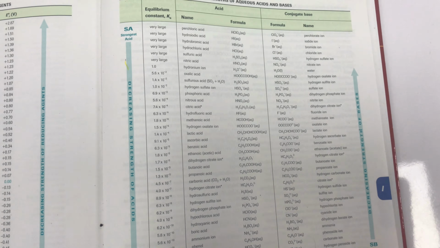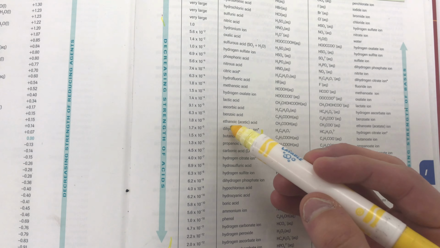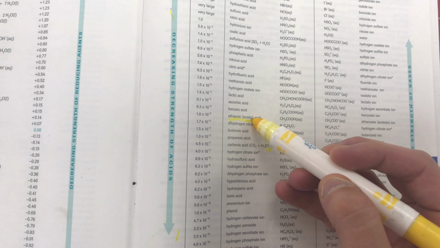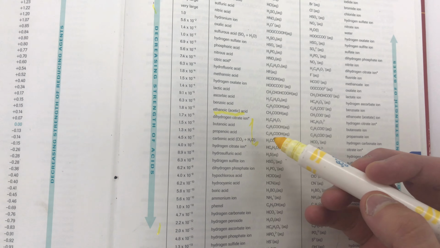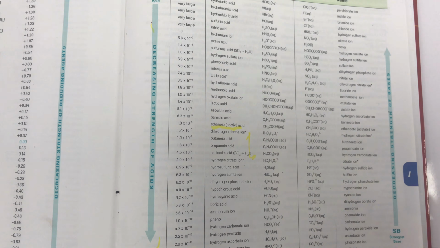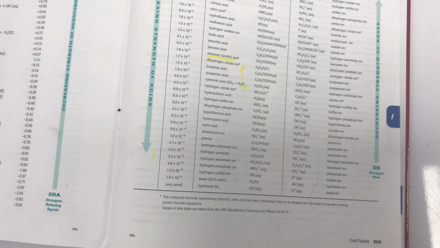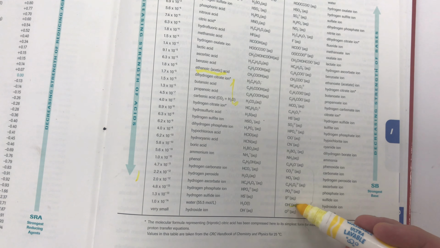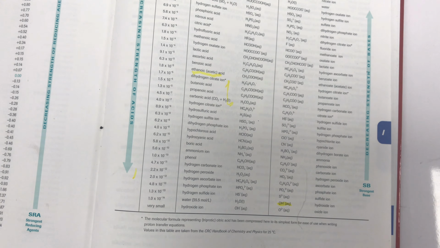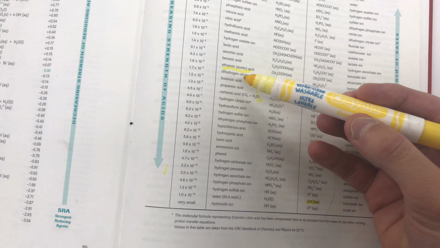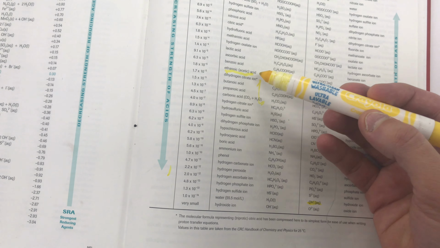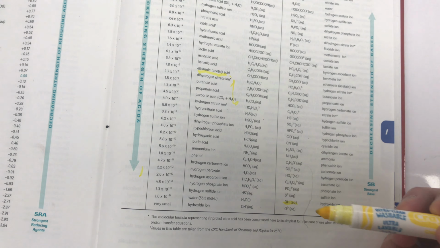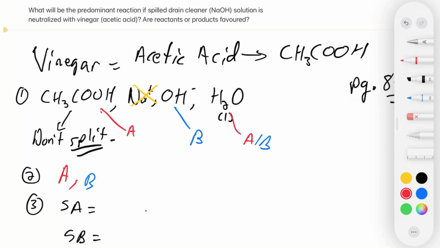So what we're going to do is locate our ethanoic acid right here, which is acetic acid. It's the same thing. And that's our strongest acid. And we're going to find an OH ion, which we can see is right here. And so what we can see is that the strongest acid is definitely above the strongest base.